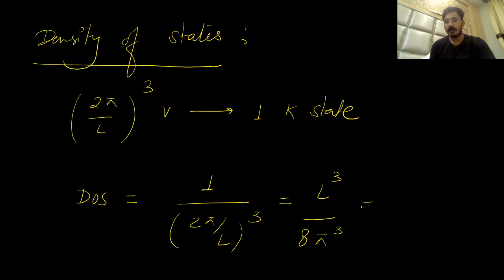L cube is the volume of the cube, so V over 8 pi cube. This is the density of states for this 3D problem.